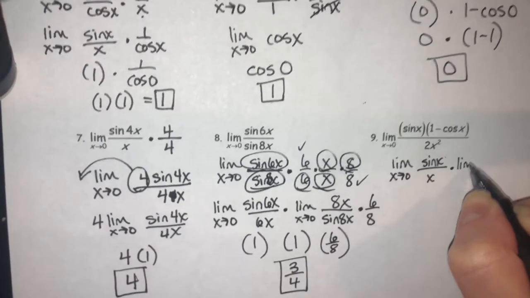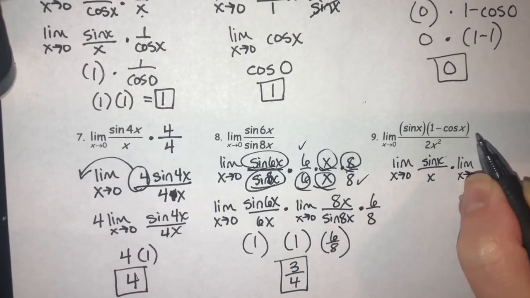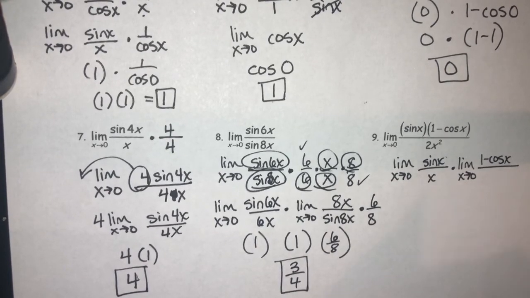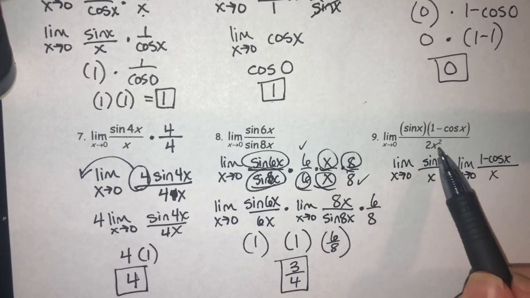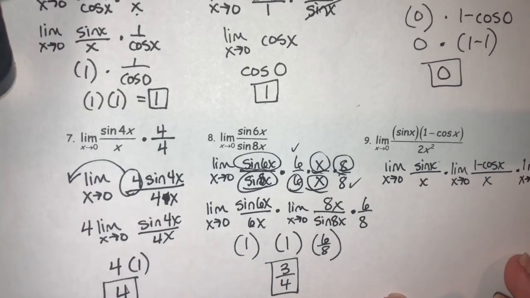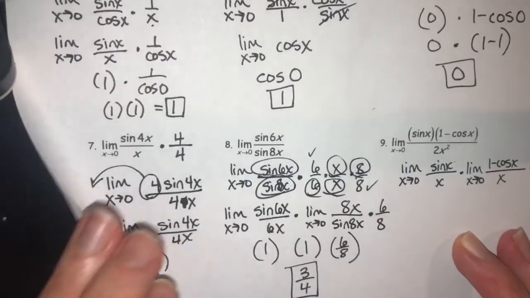And now I'm going to go limit as x approaches 0 of 1 minus the cosine of x over the other x underneath this one. X times x is x squared. What's left? Times the limit as x approaches 0 of 1/2. Whoa, I think I went off the side here.